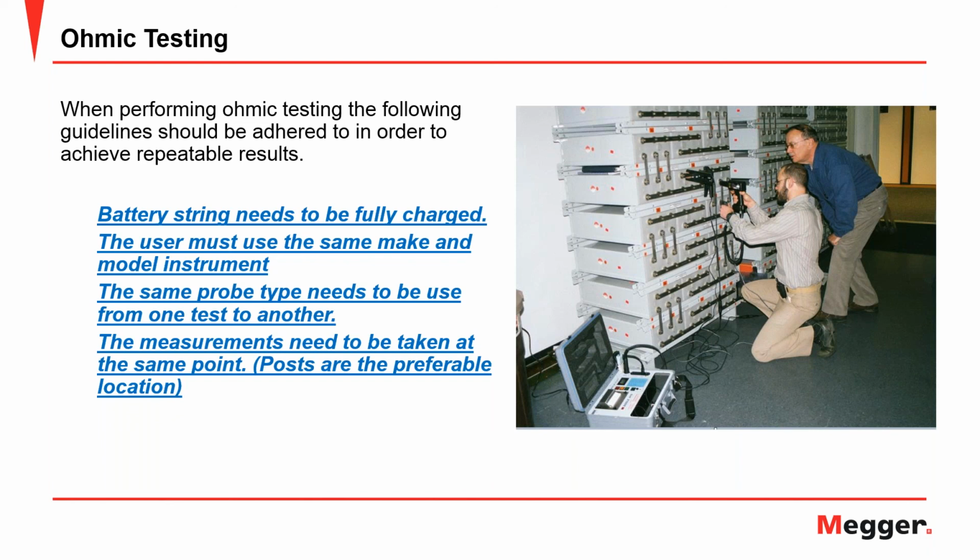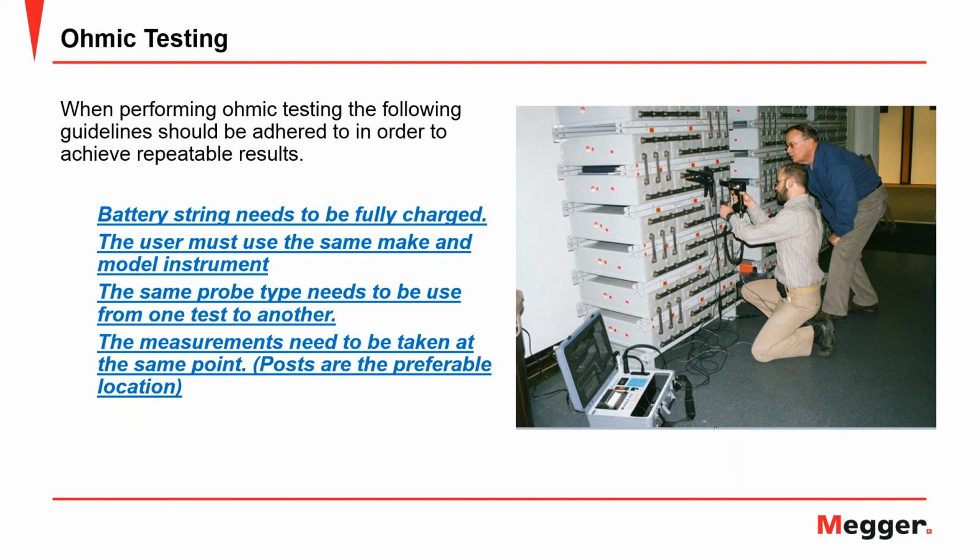You want to use the same type of probes, as obviously if you use different probes, you may change the measurements depending on the type of unit you're using. And you want to make sure you take the measurements at the same point, with posts being the most preferable. So if you are doing ohmic testing, you should have a procedure to make sure that people follow the same methodology when they do the testing.